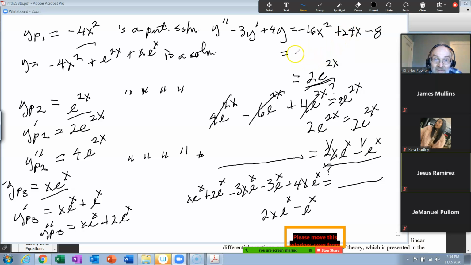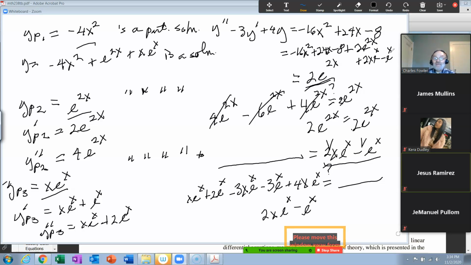Now this will be minus 16x squared plus 24x minus 8 plus 2e to the 2x plus 2x e to the x minus e to the x. Sorry, I ran out of room there.